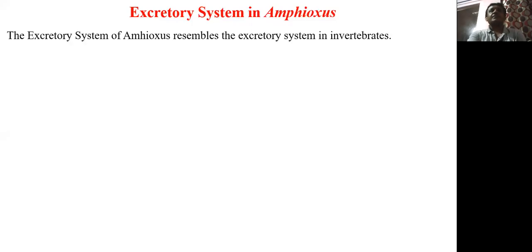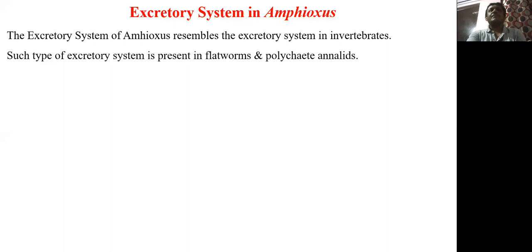Now, the Amphioxus excretory system resembles the excretory system in invertebrates. Generally, this type of excretory system is present in the flatworms and polychaetes, the polychaete type of annelids.